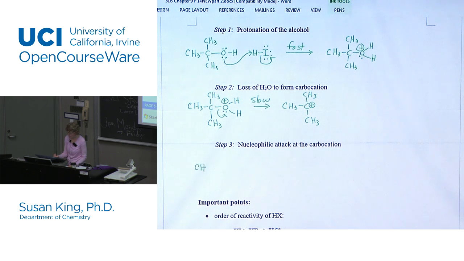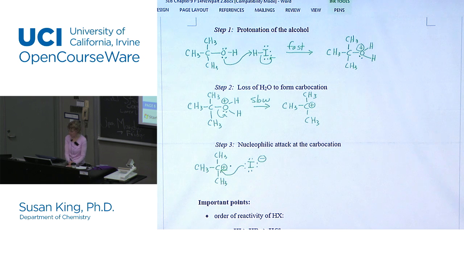So I'm going to redraw this. Okay, so the arrow is going to come from one of the lone pairs on iodine. Iodine is involved in the arrow pushing for this step, so it needs all of its lone pairs.